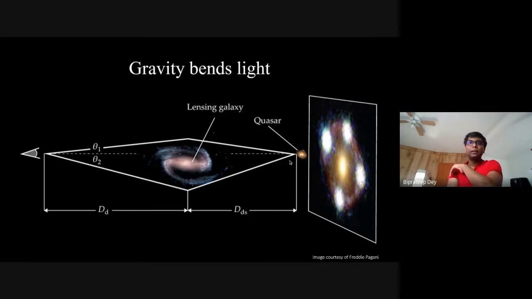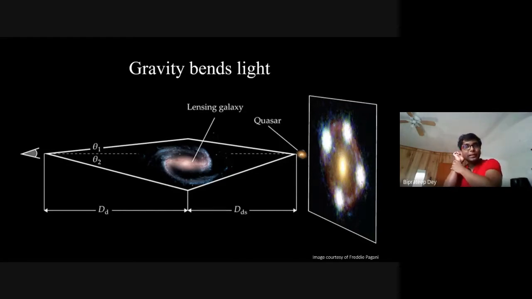And a quasar is a point source of very bright light behind a galaxy. If you look at the picture, you'll see these 4 dots surrounding this bright object, and this is basically what is called gravitational lensing.